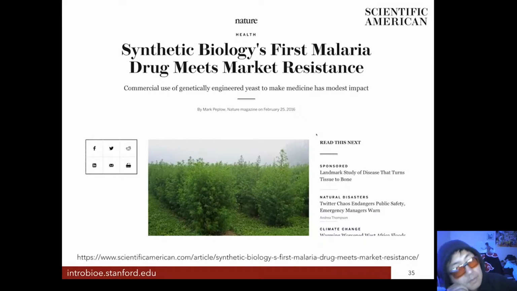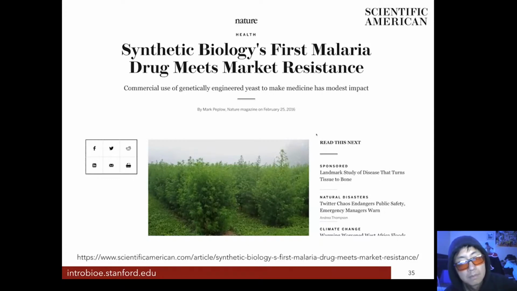there are social factors at play here, where people whose whole livelihood was to farm this shrub in order to produce artemisinin were potentially going to be put out of a job by bioengineers who had taken their whole process and moved it into a fermenter.